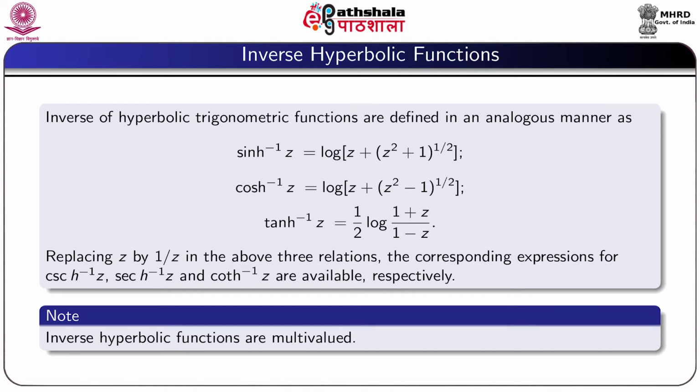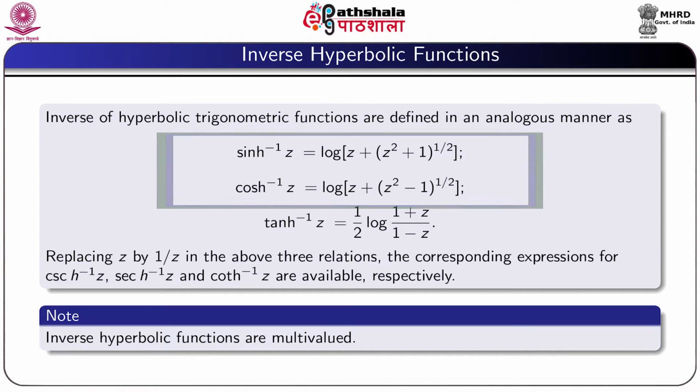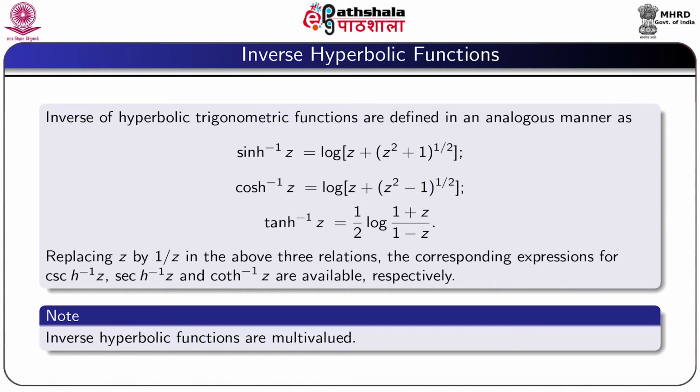So, now we define inverse hyperbolic functions. Inverse of hyperbolic trigonometric functions are defined in an analogous manner as sin hyperbolic inverse z equal to log of (z plus (z square plus 1) to the power half), cos hyperbolic inverse z equal to log of (z plus (z square minus 1) to the power half), tan hyperbolic inverse z equal to half log of ((1 plus z) by (1 minus z)).